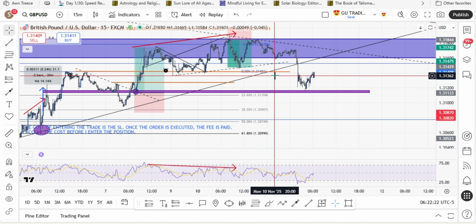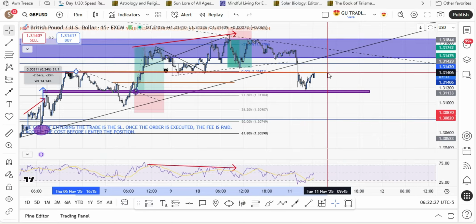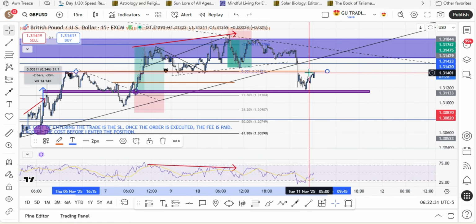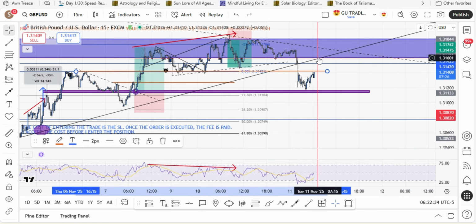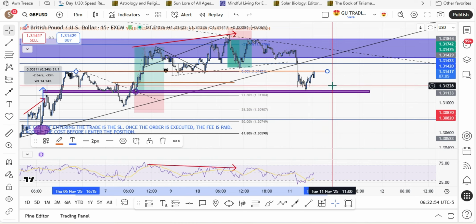And then right here, you see it broke, and now it's being retested again, potentially as resistance, or it could just make its way up to retest this previous support and this trend line right around here, or it could go up further to touch or bounce off of this trend line or break through that trend line.